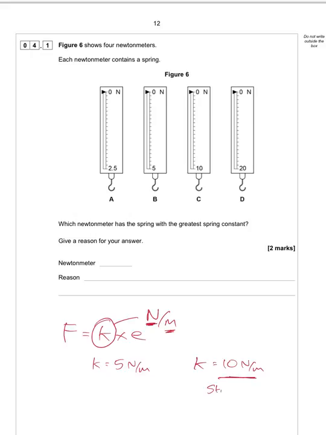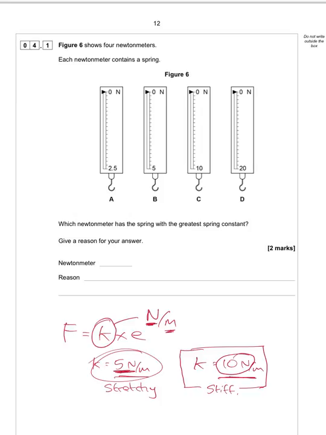You would describe it as stiff because it needs a whole 10 newtons to stretch it 1 meter, whereas this spring you would describe as the more stretchy spring because it only needs 5 newtons to get the same amount of stretch. And obviously the 10 newtons per meter spring has the greatest spring constant. It's got a larger value than this one over here that's just 5.